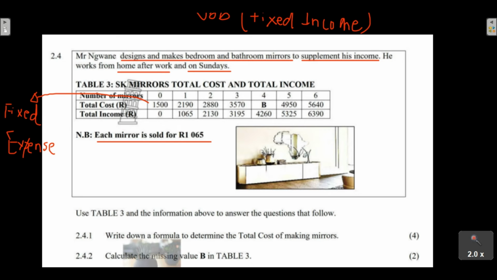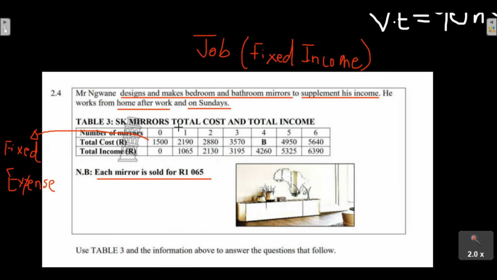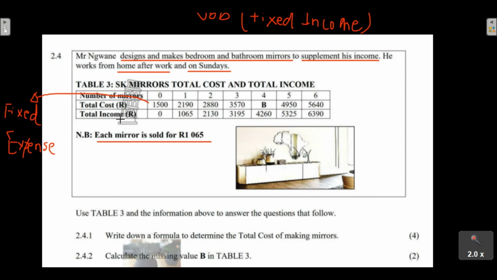Now I need us to understand that this income is our variable income. In other words, the income he receives depends on the number of mirrors he sold in that particular month.